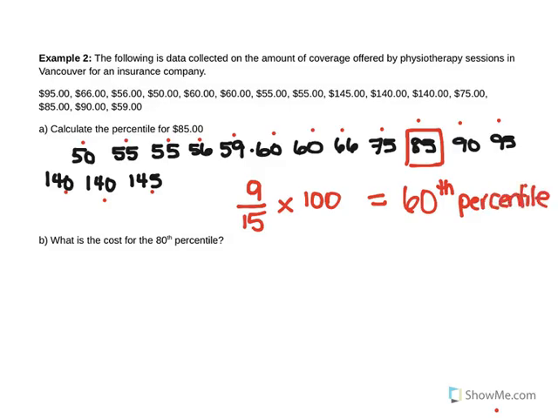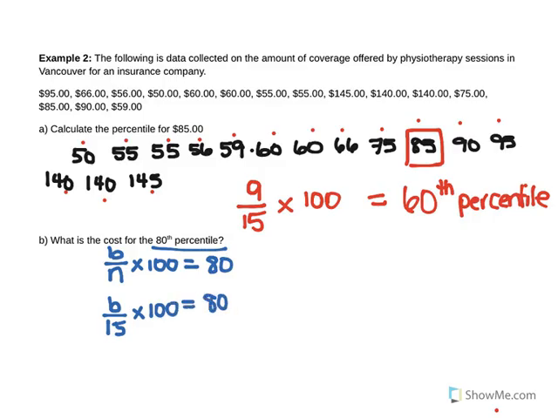The next question is a little bit different because it tells us the percentile and we need to work backwards. So we're going to say B over N times 100 equals 80 for the 80th percentile. And we know the total is 15. So we have B divided by 15 times 100 is equal to 80. Now we're going to divide by 100 to get it to the other side.